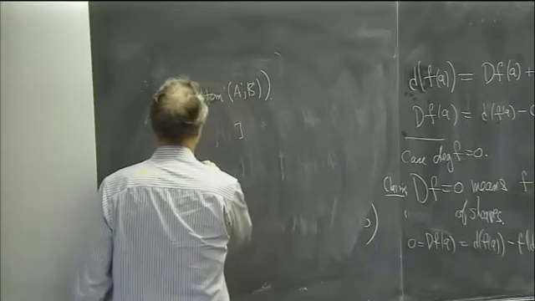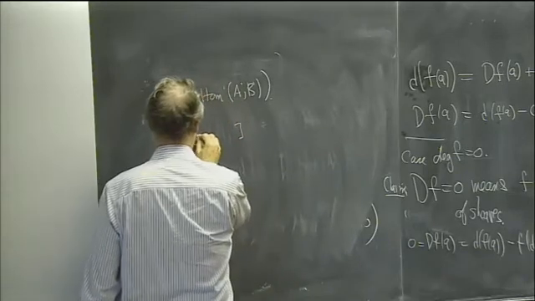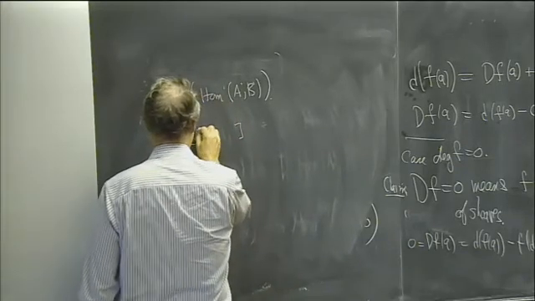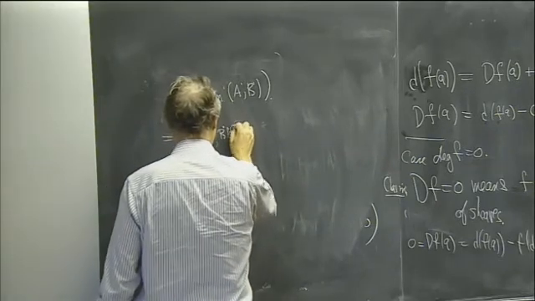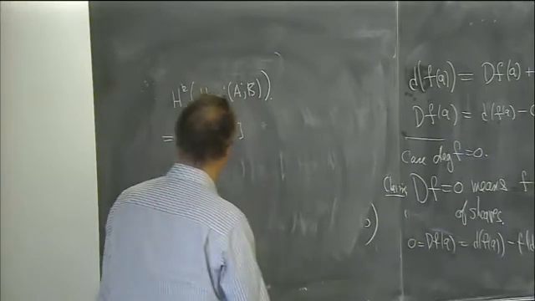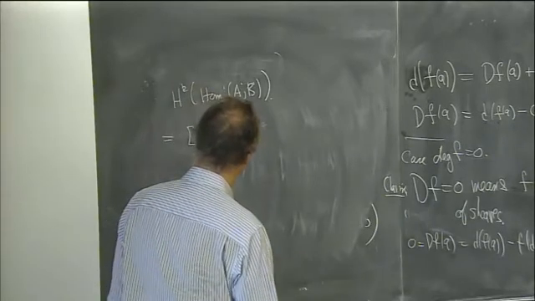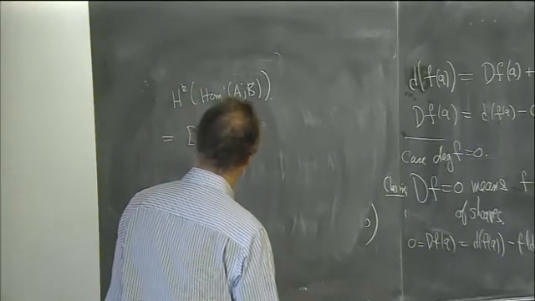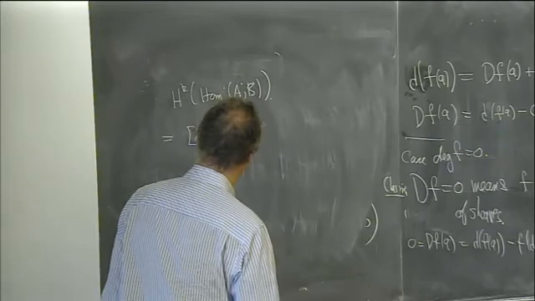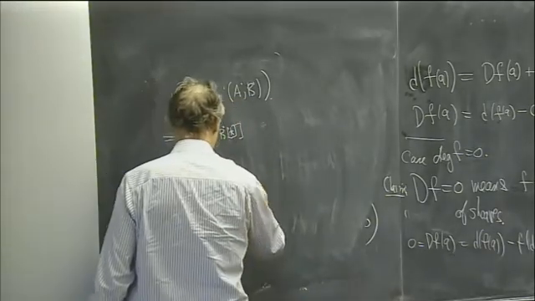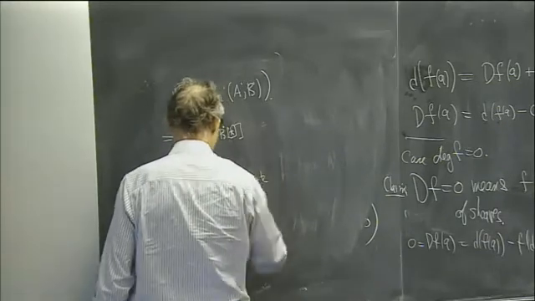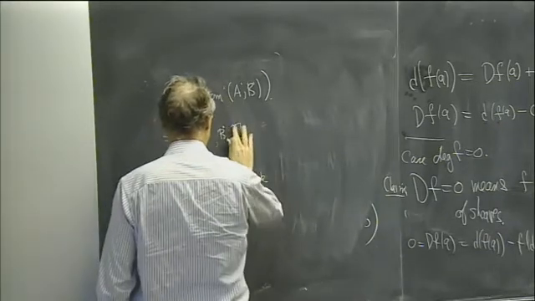It's simply the chain homotopy classes of morphisms from A to B[K]. I hope I have the K in the right place. Let's see, I want to go from A^n to B^(n+K), and I have the K in the wrong place.